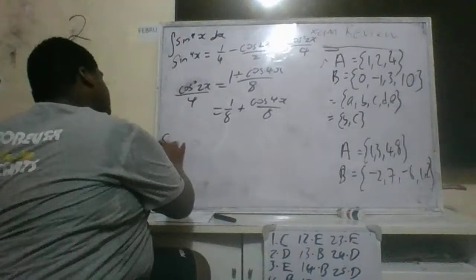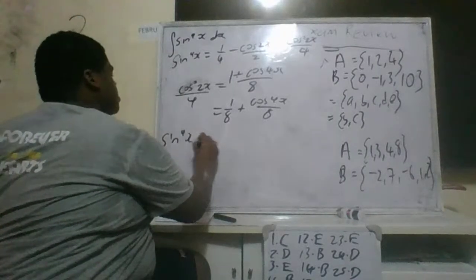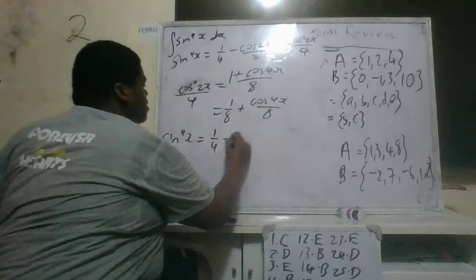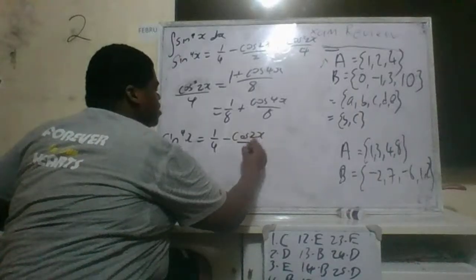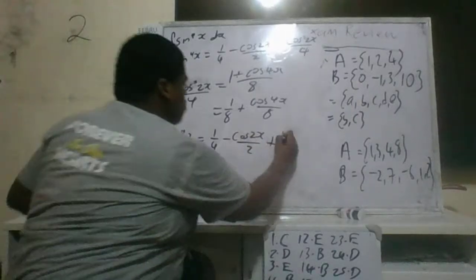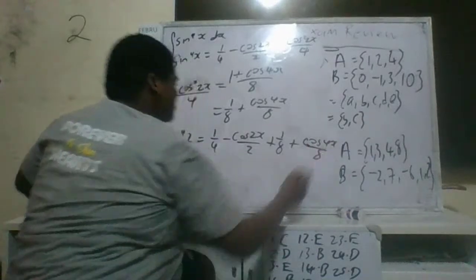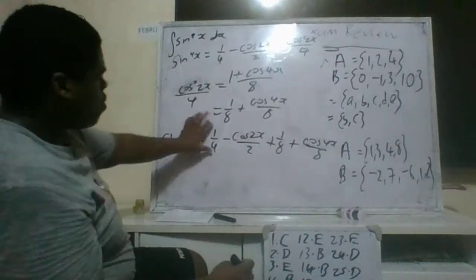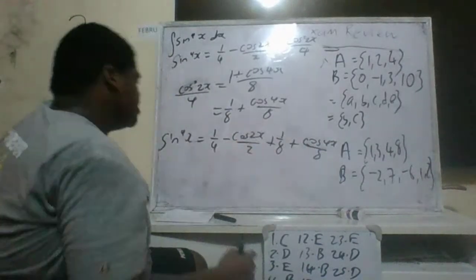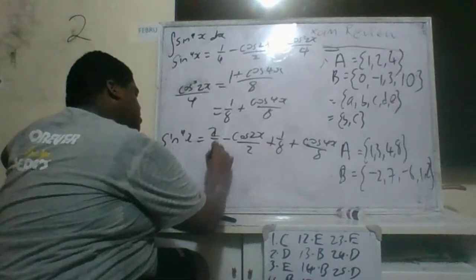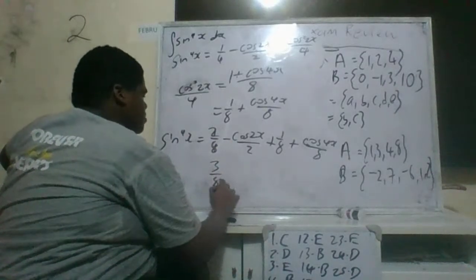That means sin to the power of 4 x is equal to 1 over 4 minus cos 2x over 2 plus 1 over 8 plus cos 4x over 8. 1 over 4 plus 1 over 8 is the same thing as 2 over 8 plus 1 over 8, the same thing as 3 over 8.